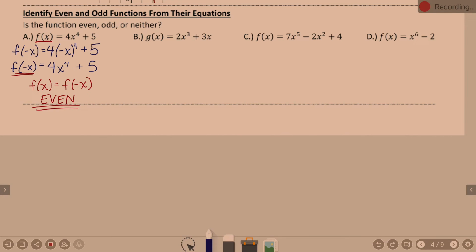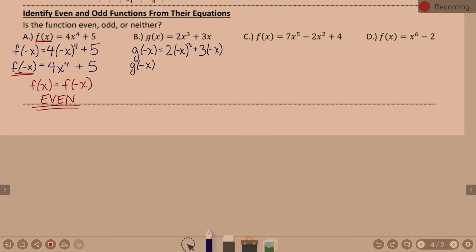Again, my suggestion every time: start by putting negative x in. So I'm going to start by finding g of negative x. So 2 times negative x to the third plus 3 times negative x. What do you know about a negative raised to the third?